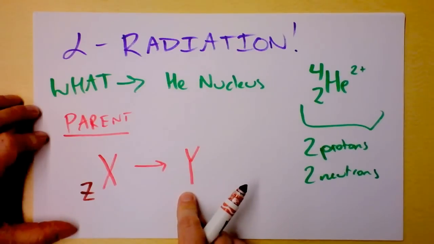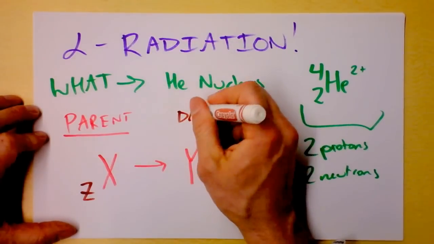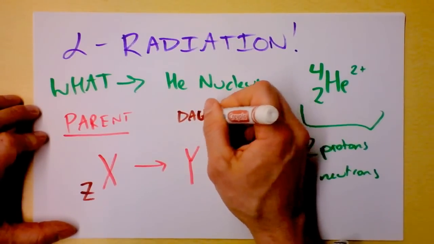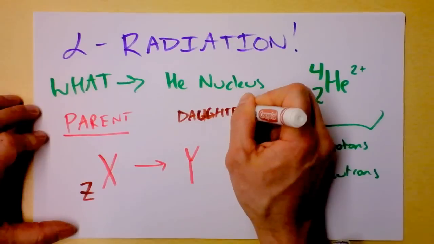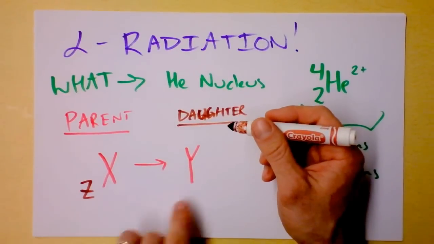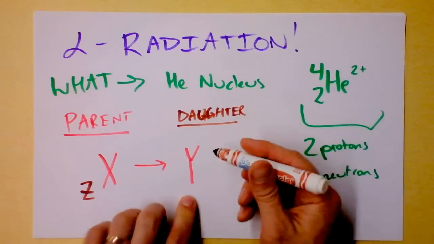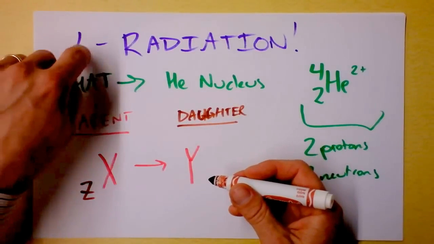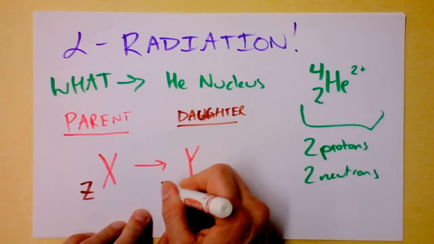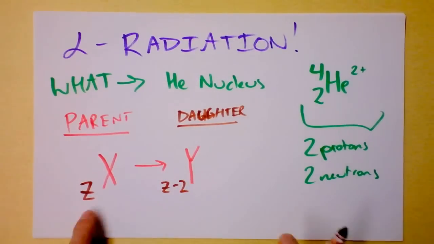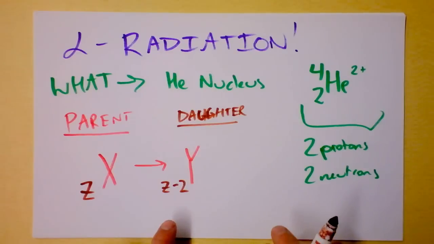Now, how many protons am I going to get on my daughter nucleus? That's what these are usually called. Our daughter nucleus will have fewer protons, right? In fact, it will be missing 2 protons because they just left in the alpha particle. So when you have alpha particles come out, you get Z minus 2, and it's actually a different element after the nuclear decay.